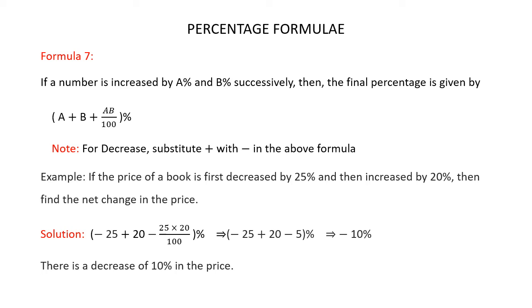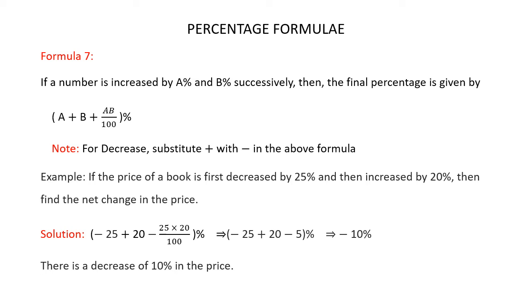Formula 7. Formula 7 helps us to calculate the final percentage when a number is increased or decreased successively. If a number is increased by A% and B% successively, then the final percentage is given by A plus B plus AB divided by 100%.